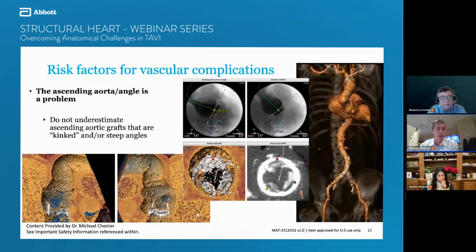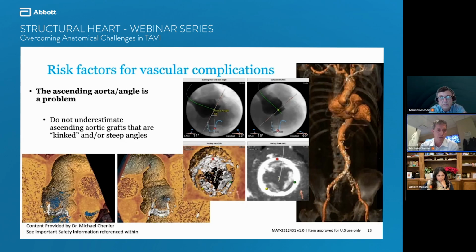So here, back to my four points. The third is the aortic angle itself, or the valve angle itself, potentially giving you some problems with vascular complications. This is a case who's had a prior ascending aortic graft in addition to their bioprosthetic valve. Now that valve has failed and needs to be replaced.